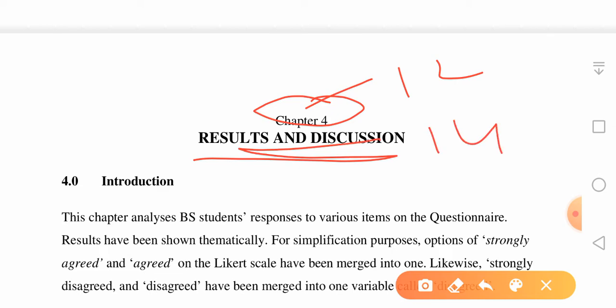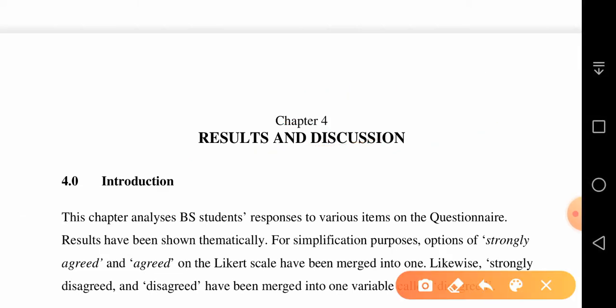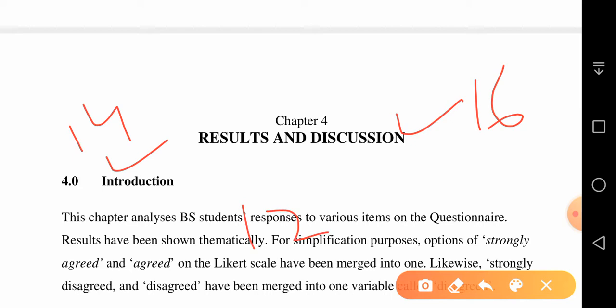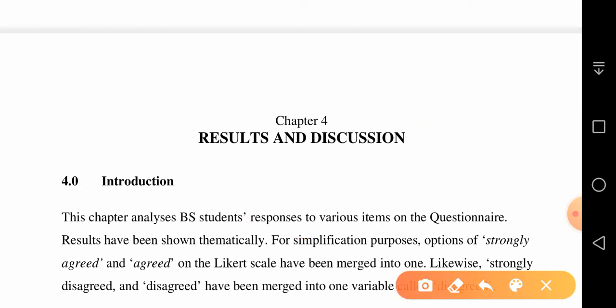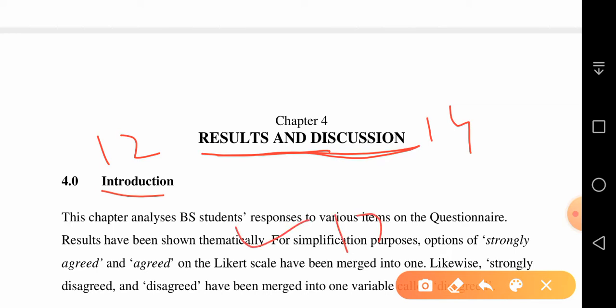Usually researchers just keep it 16 and this one 14 and the text is 12. But I prefer using the font size for this 14, and this 12 bold, and this is 12 unbold. This text is not bold.